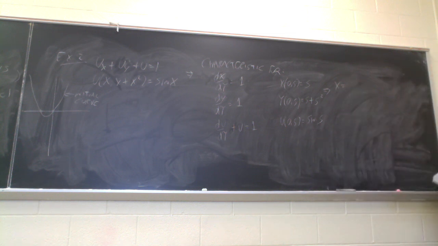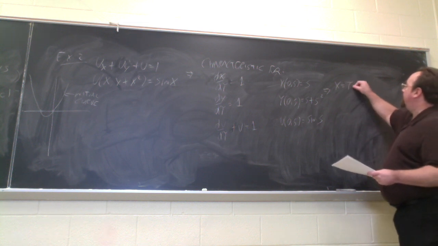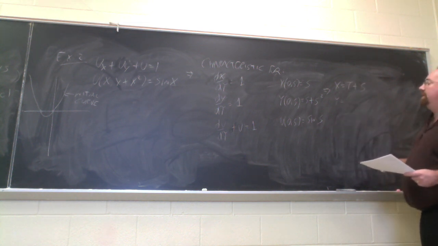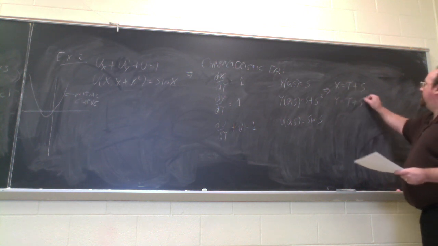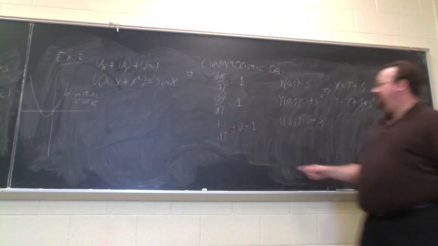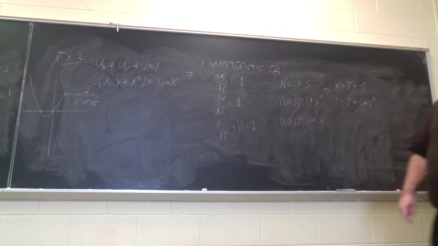So what is x going to be? Tau plus s. What is y going to be? Tau plus s plus s squared. Now the equation for u is a little more involved to solve because you have to use an integrating factor.